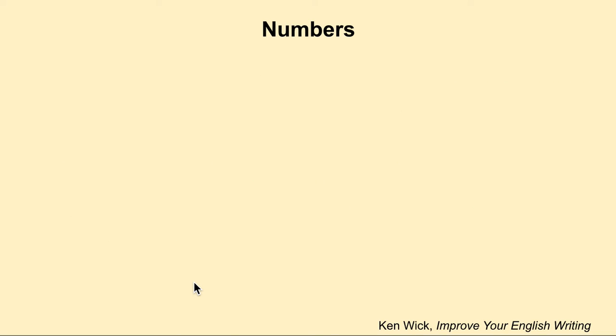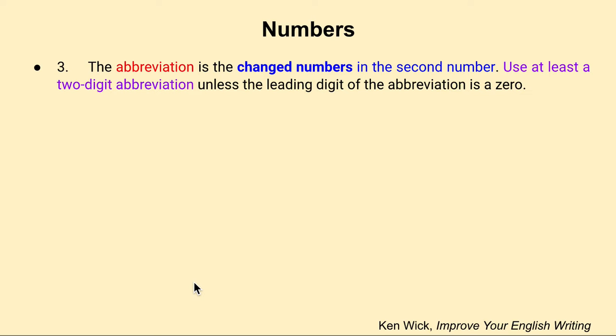Then the third rule, which is the long rule of the actual abbreviation. The abbreviation of the second number is the changed numbers in the second number. And use at least a two-digit abbreviation unless the leading digit of the abbreviation is a 0.